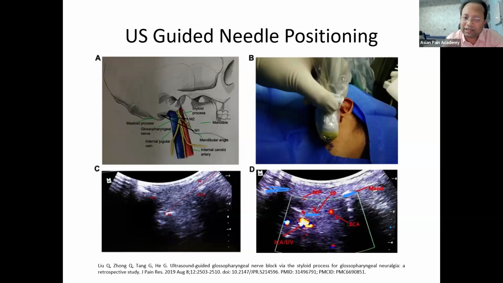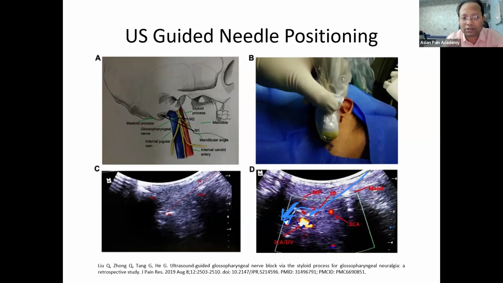So you can understand, if this is styloid process and this is the vessel, then where is the nerve? Nerve is in between them. These two areas, these are the nerves area. The glossopharyngeal nerves are there. So injection should start from the anterior side, hit this styloid process, and then go posteriorly for 1 centimeter deeper.